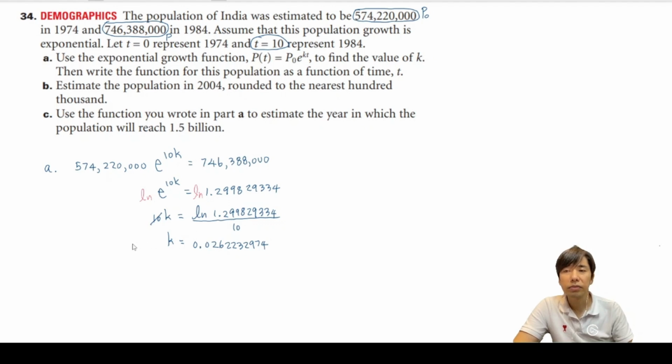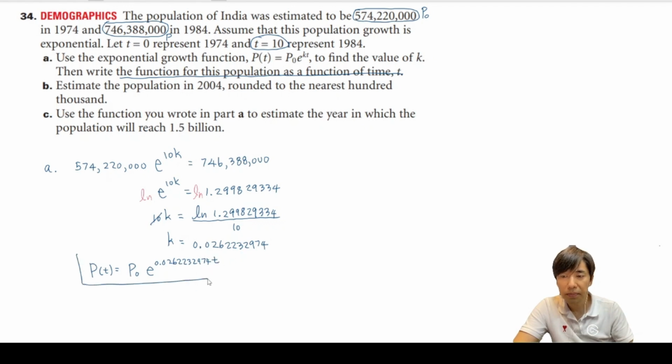Okay, so the function for this population as a function of time t. So we can say that P(t) is equal to P0 times e to the power of 0.0262232974 t.